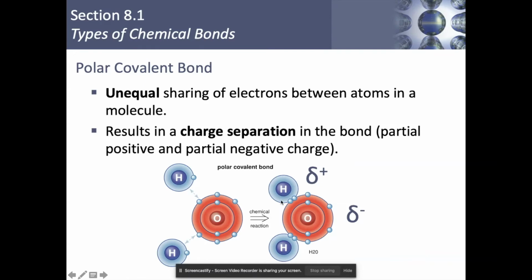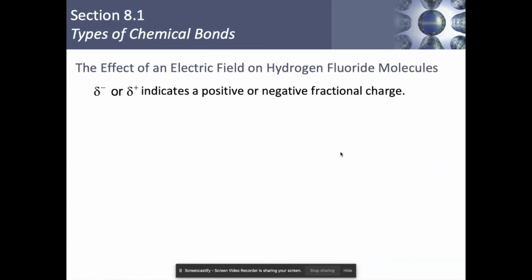And in that case, those would be the hydrogens. The hydrogens have a partial positive charge. The oxygen, on the other hand, is better at keeping electrons, and so it's going to have a partial negative charge. And you might think to yourself, that does sound familiar, and it should. It should kind of sound familiar to you, and I'll tell you why in a couple of slides.